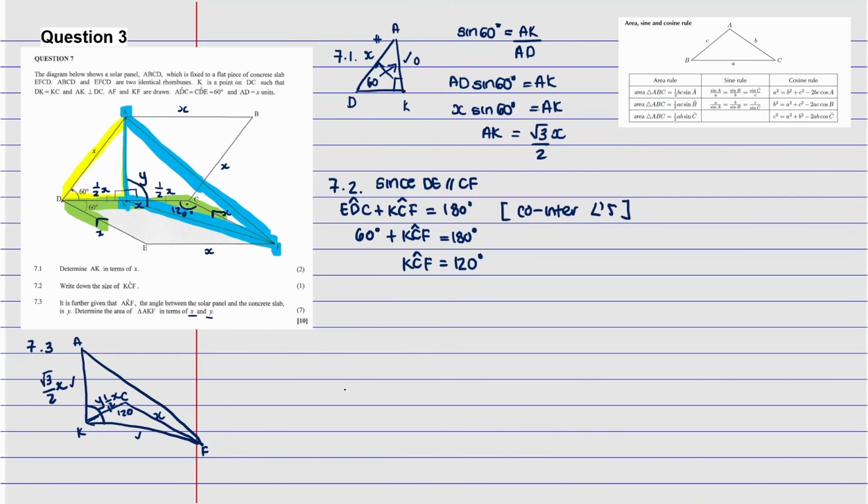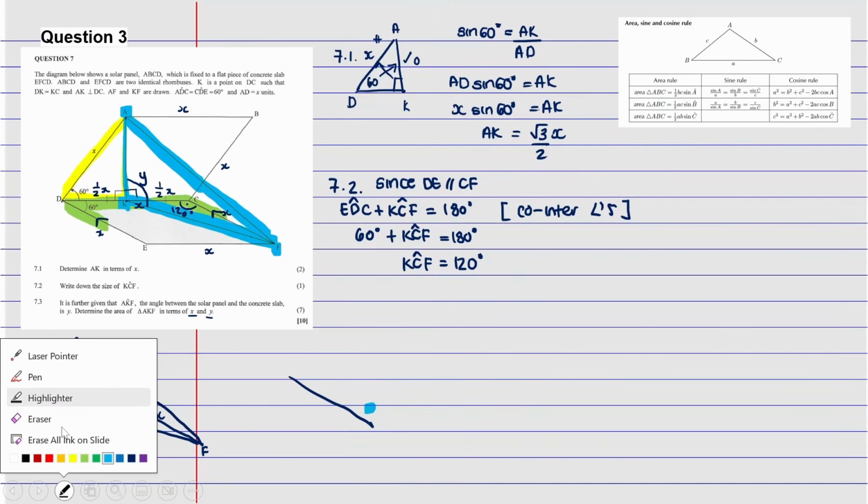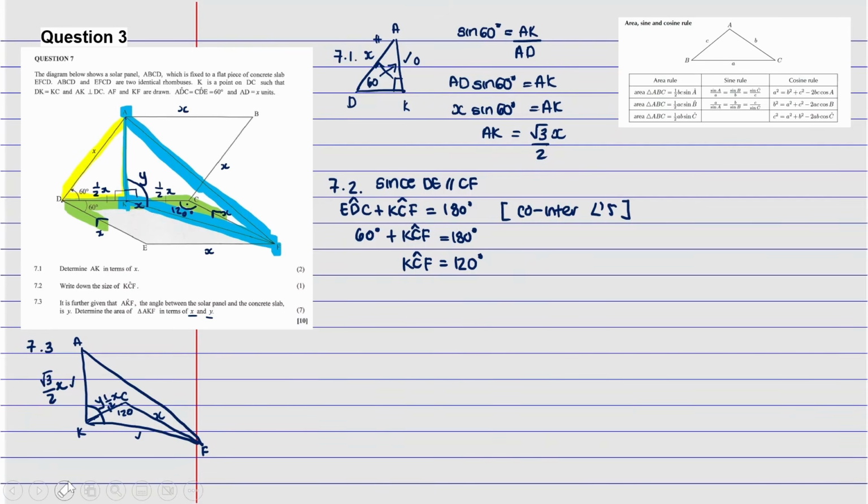So we see the fact that KF is within this triangle. I'm going to just reproduce it so that you can see it properly. It's within this triangle here, the one that we found there, 120. So this is going to be 120.